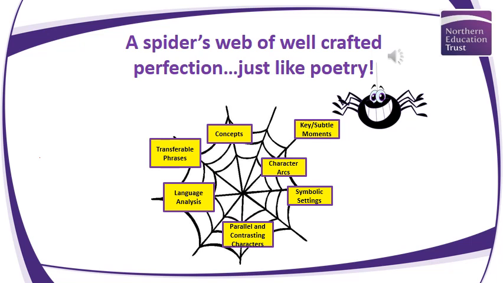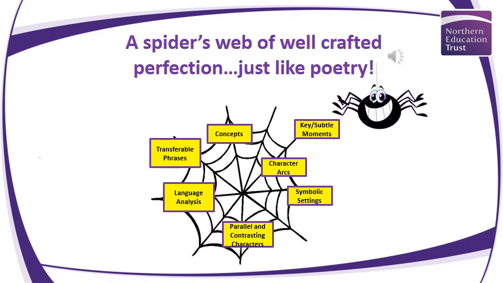So just like poetry, there are concepts, there is language analysis, the symbolic settings. But in addition to poetry, and what we are going to spend some time exploring, the idea of character journeys and character arcs, key and subtle moments, parallel and contrasting characters, and transferable phrases.